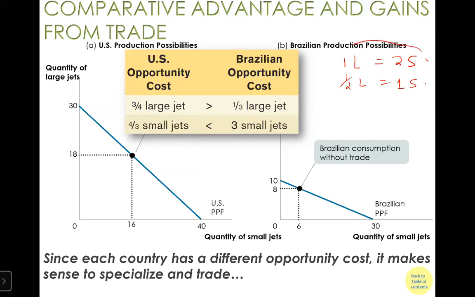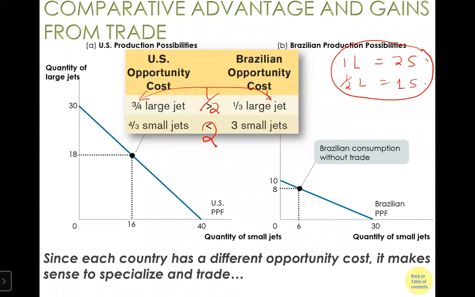And the reason this makes everybody happy is largely because there's a gap in terms of their own opportunity cost. And we put this number inside, right? So here, this is small jet in terms of larger jet. Now in the international market, the price is going to be one half. And larger jet in terms of small jet in the international market is going to be two.